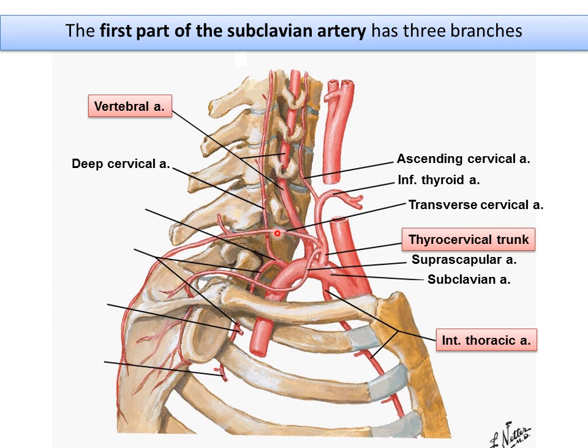You have the transverse cervical artery, which heads posteriorly towards the trapezius. Then you have the suprascapular artery, which passes laterally and posteriorly to the region of the suprascapular notch, and it'll supply some of the muscles of the back. Then we have the inferior thyroid artery.